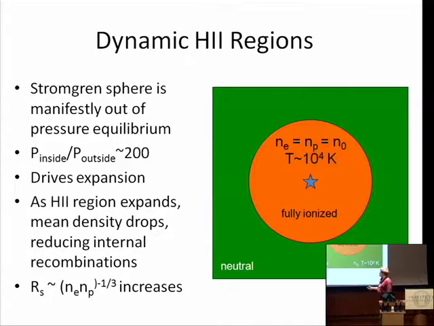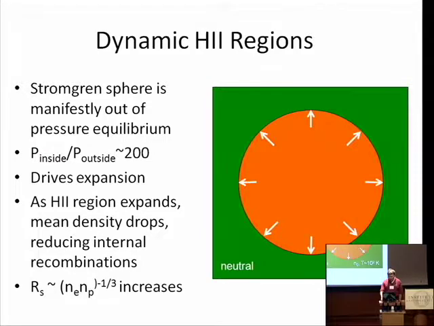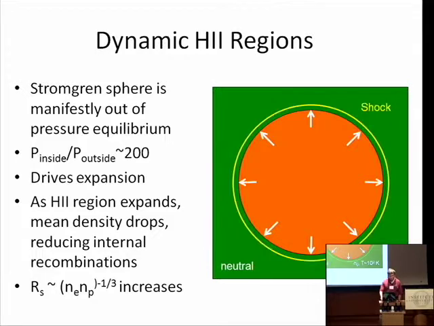And this drives an expansion of the H II region. As the H II region expands, the mean density drops. It reduces the internal recombination rates, and therefore the Stromgren radius wants to be bigger, and so R_S increases.